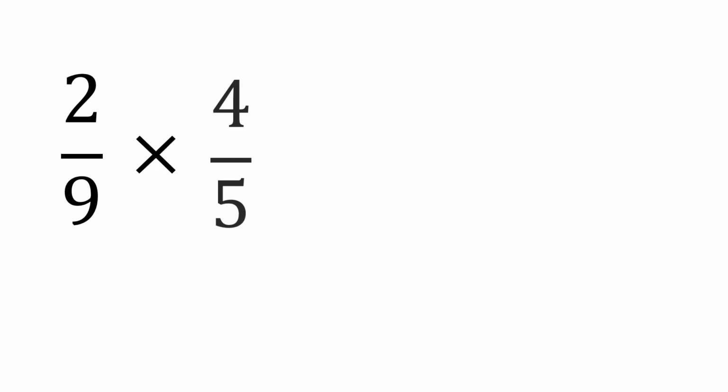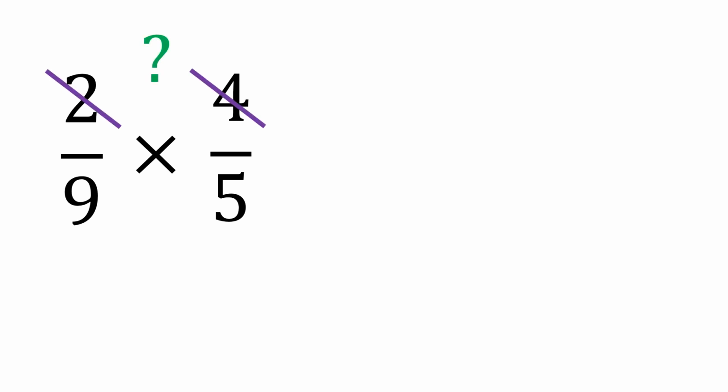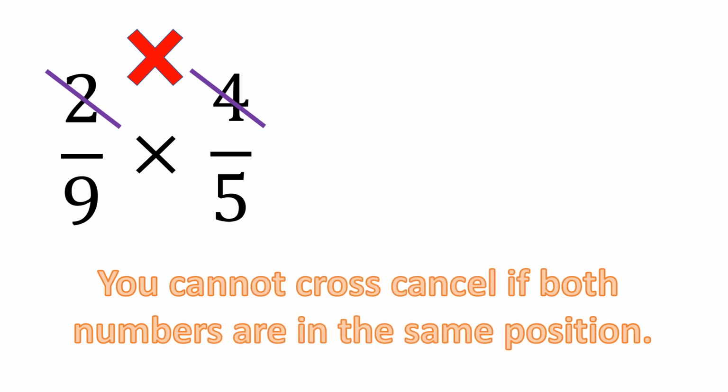Now how about this example? 2/9 times 4/5. So can we cross out 2 and 4? The answer is no. It's because you cannot cross cancel if both numbers are in the same position.